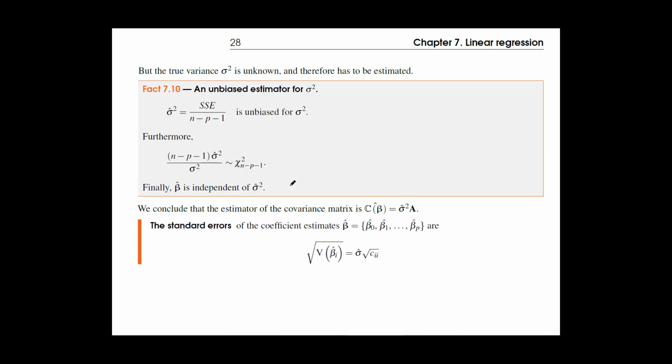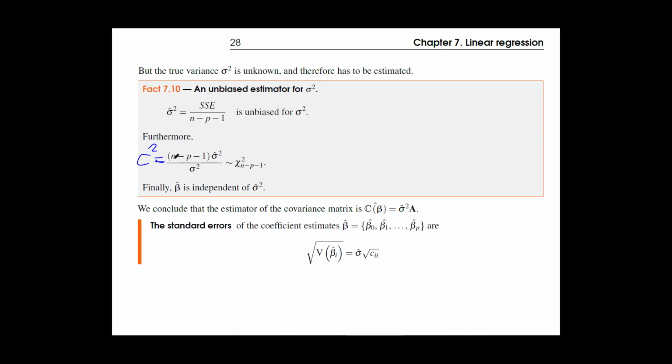Okay, the same thing could be said for sigma squared. So it turns out that sigma squared hat, the best estimator of sigma squared, is the sum of squared errors, the objective function we try to minimize, divided by the degrees of freedom. So the sample size minus the number of parameters minus 1. And it's going to be unbiased. And furthermore, we can call it C squared as before.